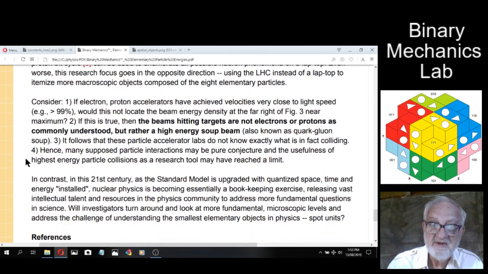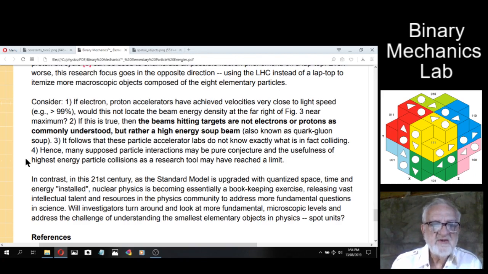Now consider this. First, if electron-proton accelerators have achieved velocities very close to light speed, for example, greater than 99% and even much better than that, would this not locate the beam energy density at the far right of figure 3, near maximum? Second, if this is true, then the beams hitting targets are not electrons or protons as commonly understood, but rather a high-energy soup beam, also known as a quark-gluon soup.